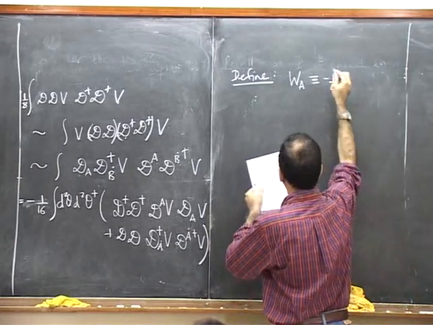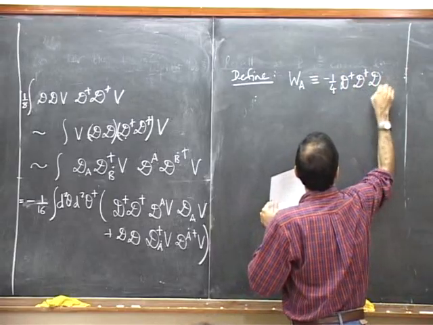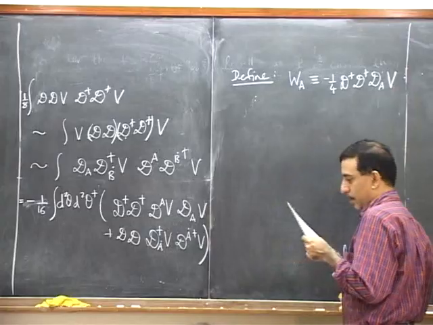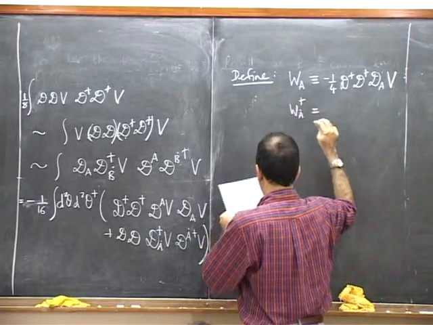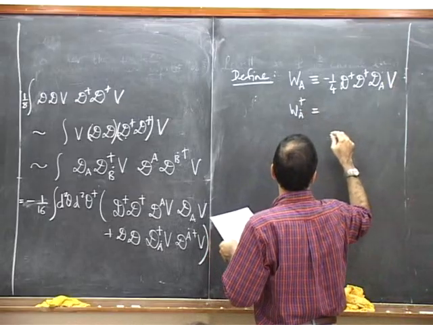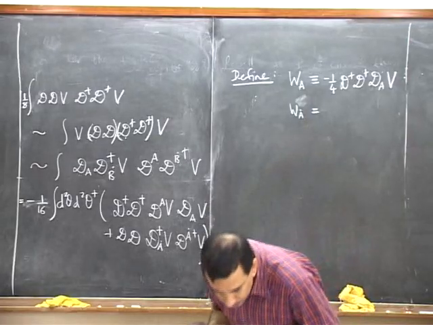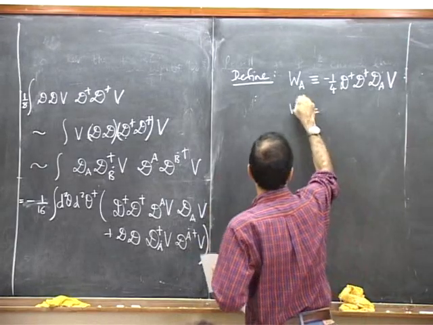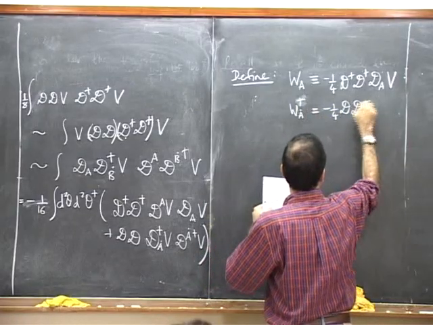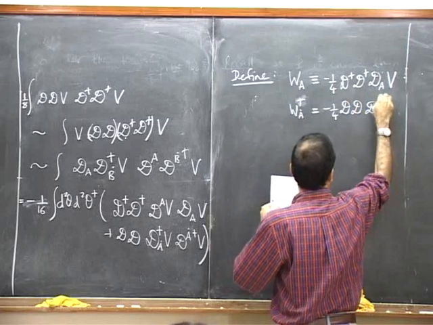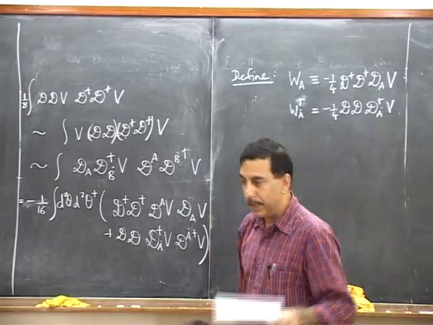This W is defined to be minus a quarter d dagger dA on b, and therefore W dagger with a dotted index, sometimes people just call it W A dot, but I'd much rather keep the dagger, is again a minus a quarter, to check the signs, dA dot dagger on b. So I've defined this.